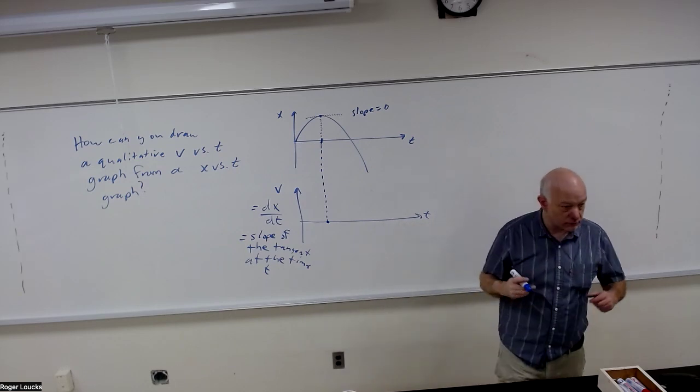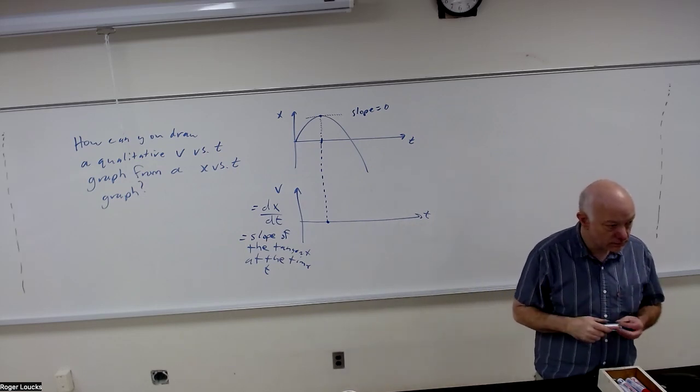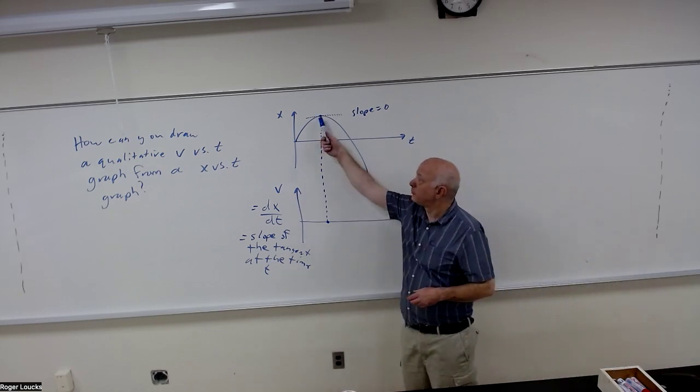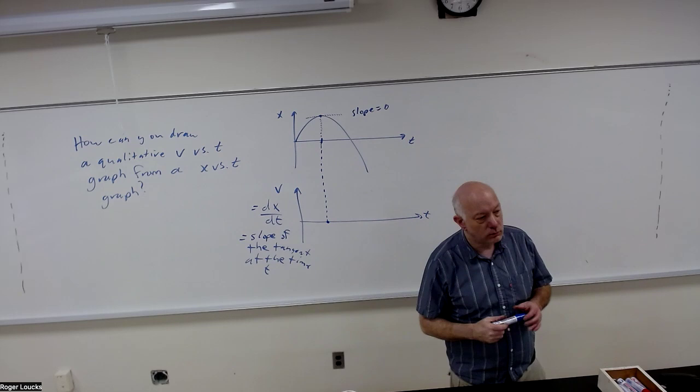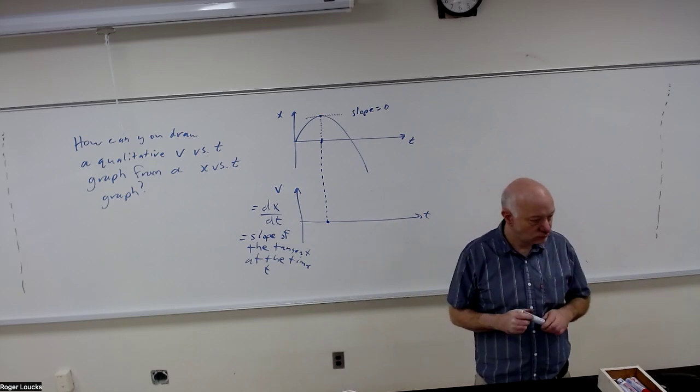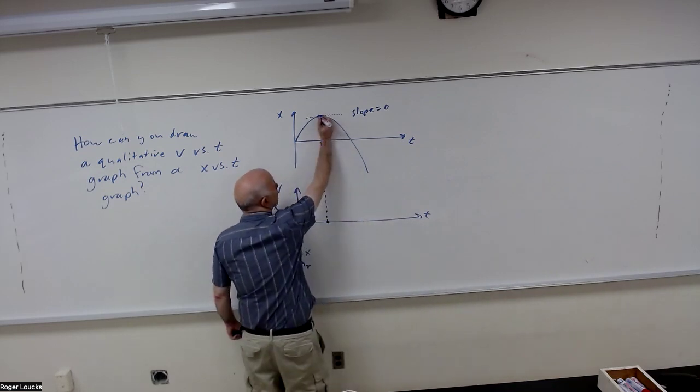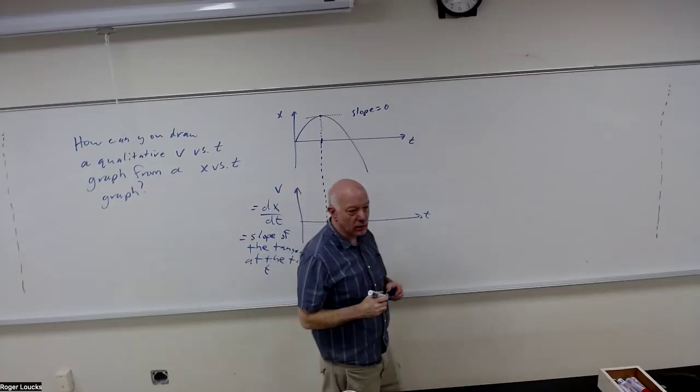We'll do one like that in a second. That makes sense? Just tell me in terms of words, why that makes perfect sense, that the object isn't moving there. How does the position vary from here to there to there to here? How's that position varying along there?